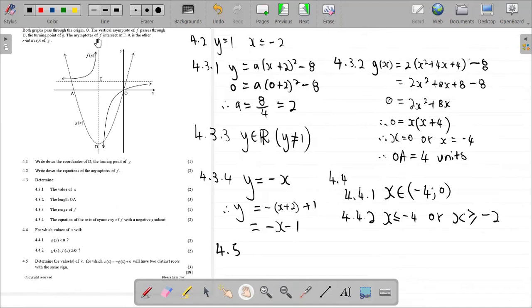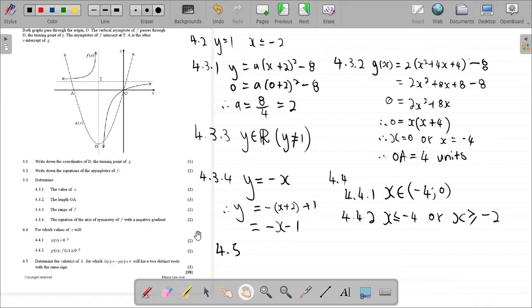In that case, negative g of x faces down like that, and it means the k here, if we say -8, because it's now going to be +8, it will go down.